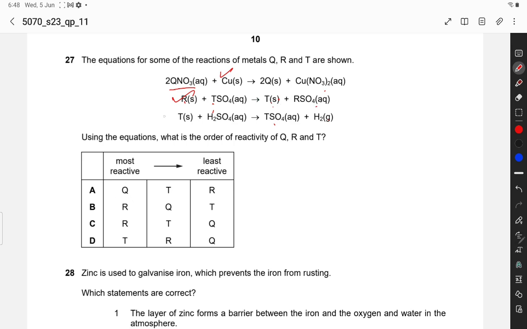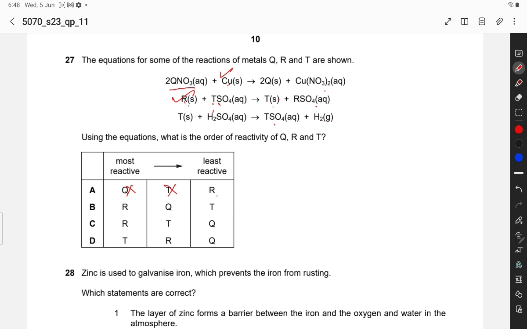Q is not most reactive because copper displaces Q. Then T is not most reactive because R can displace T, so R is more reactive, so it is also incorrect.